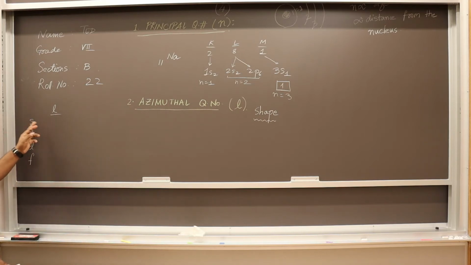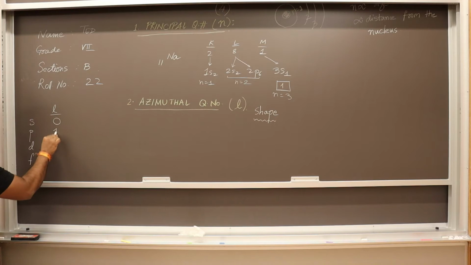designate the shapes of S the azimuthal quantum number of 0. Okay, let's designate the orbital p the azimuthal quantum number of 1.